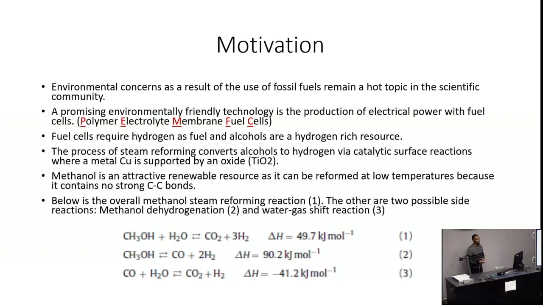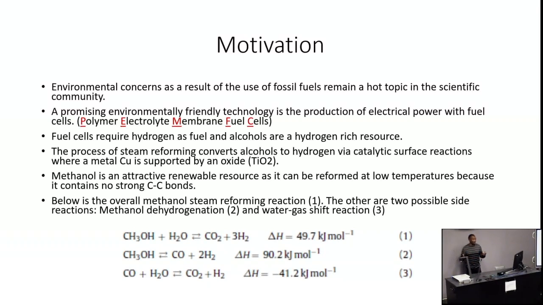The motivation for this work is to find environmentally friendly ways to move from fossil fuels to green energy. One of the promising technologies for doing that is the production of electrical power from fuel cells, and one of the popular fuel cells is the polymer electrolyte membrane fuel cell.